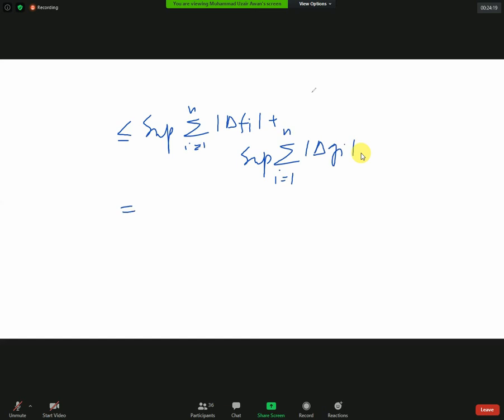That is equal to the total variation of F plus total variation of G. Now, since it is given that total variation of F and total variation of G both are finite, because both are bounded variations, so the total variation of F minus G is less or equal to a finite quantity. This shows that F minus G is also of bounded variations.